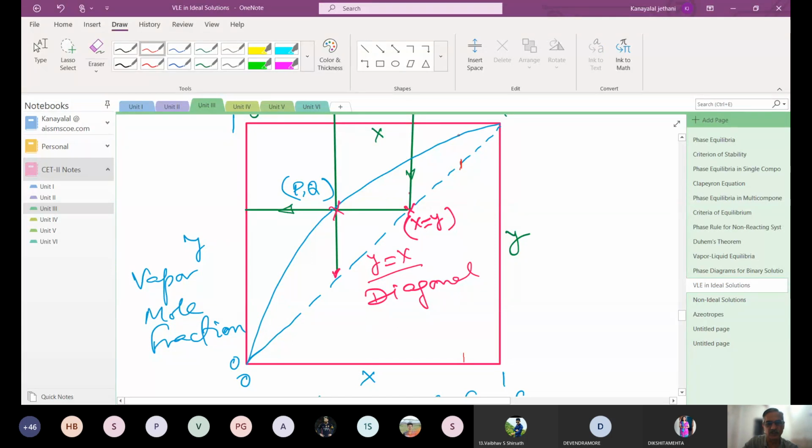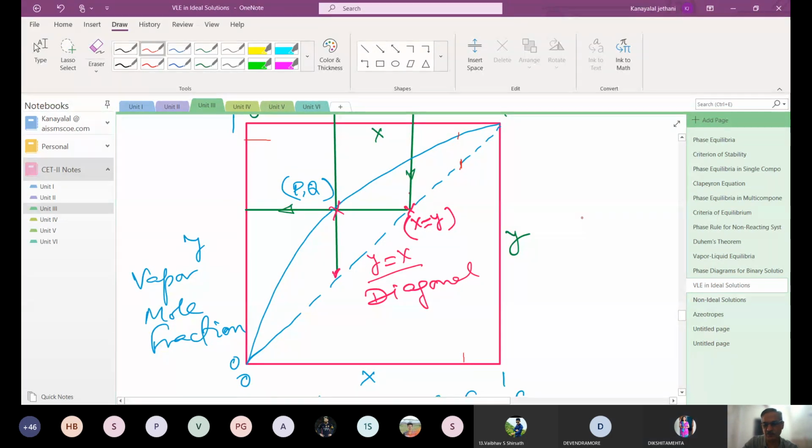So this is 0.86. So how much will y be? Will it be less than 0.86 or more than 0.86? More. It will always be more.